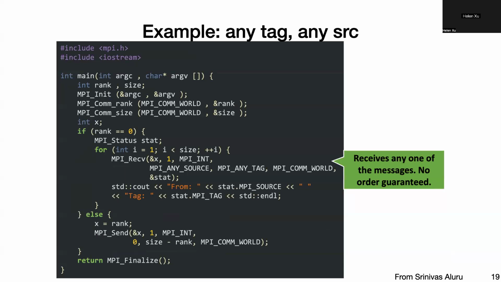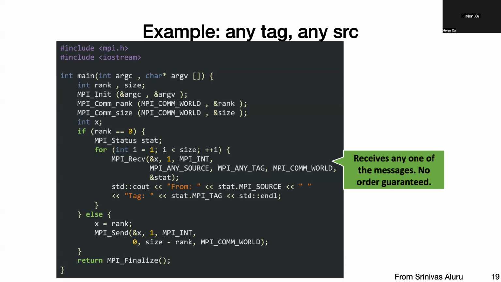This is slightly more complicated. Size is the number of processors in the communicator. You have the status, and this is a for loop over the size, the number of processors, and then you receive from any of them, or from all of them, which is just one int, and you can output the source and the tag there as an example.